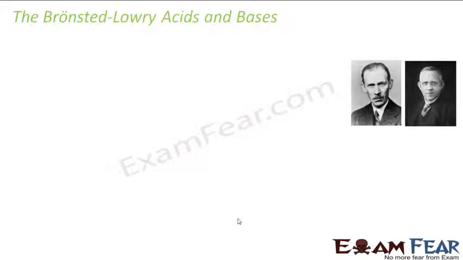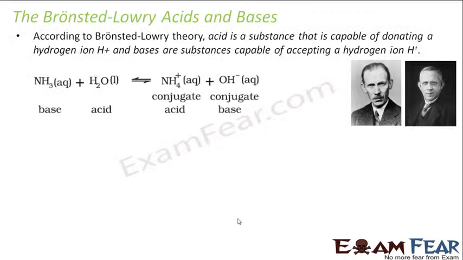Then came Bronsted and Lowry. There are two people, and they gave the definition of acid and base. They told that acid is a substance that is capable of donating H plus ions, and base is a substance which is capable of accepting H plus ions. The OH minus ion was the issue earlier, if you see the ammonia case. So they ignored the OH minus ion part.